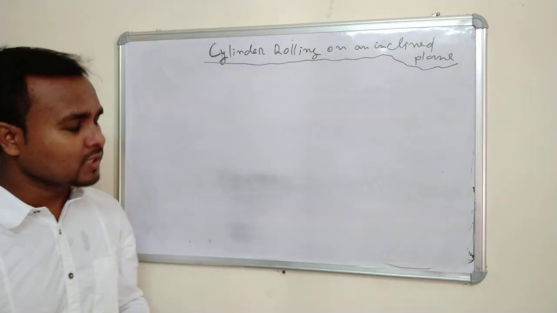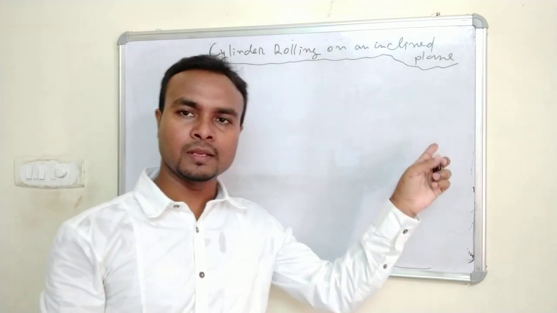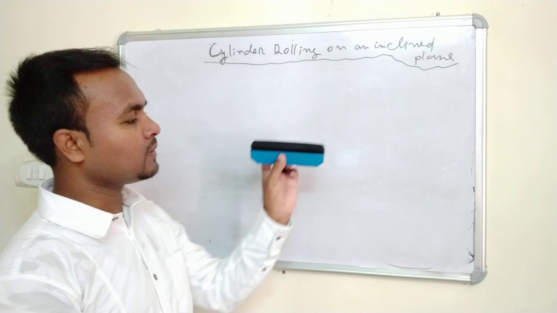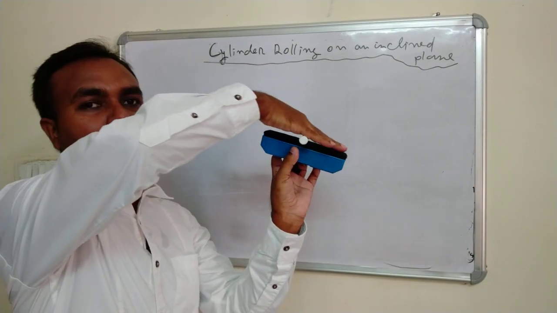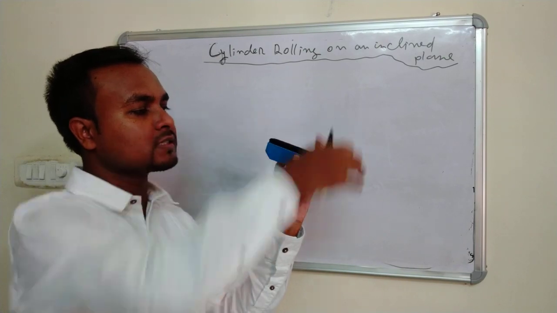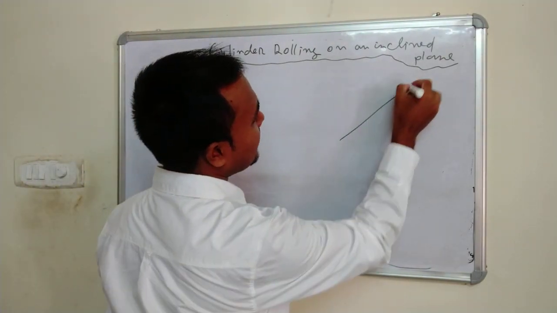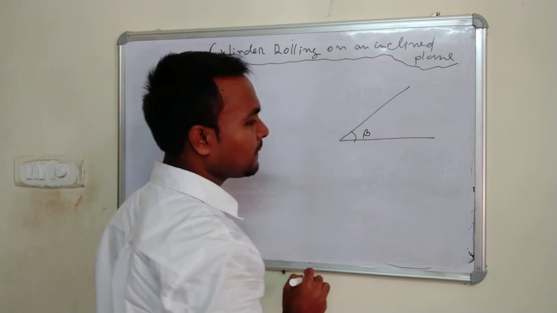The example is a cylinder rolling on an inclined plane. So suppose an inclined plane is like this, and this is a cylinder rolling like this. The angle of inclination is suppose beta.